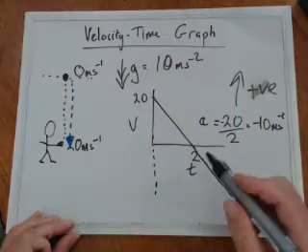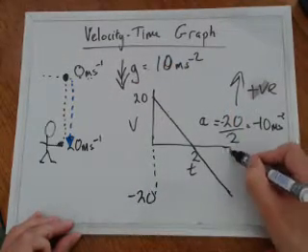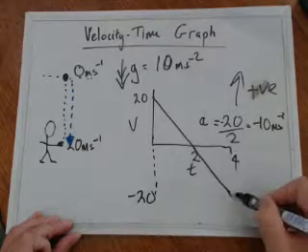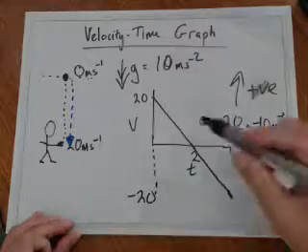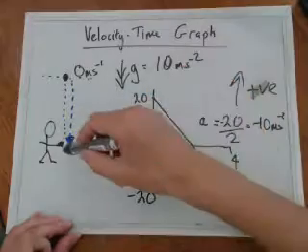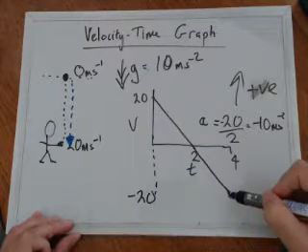So if it starts at 20 there, it's going to finish at minus 20 there, and that is going to take us 4 seconds. And again, the gradient will be the same as minus 10. So that's the situation modelled here. It goes throwing the ball up and down. It'll be a straight line like that.